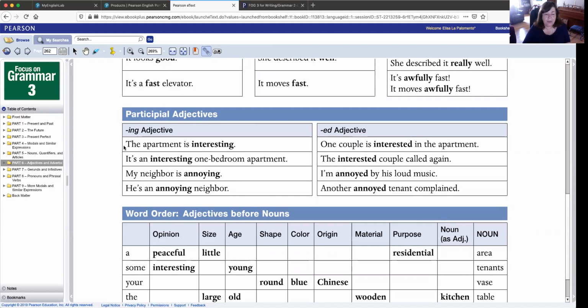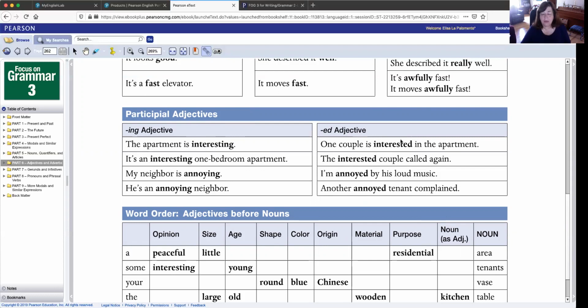When you see this apartment, it causes someone to be interested in it, okay? As opposed to this ed adjective, one couple is interested in the apartment, and this is how the people feel. They feel interested.